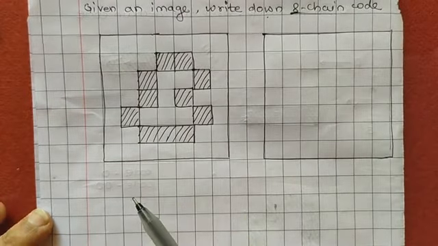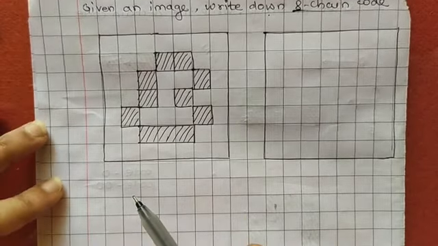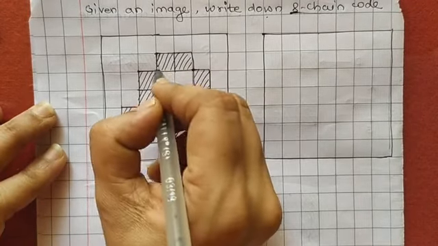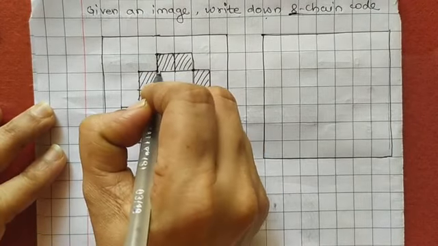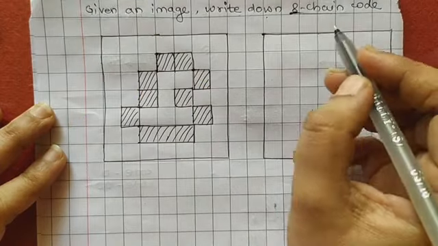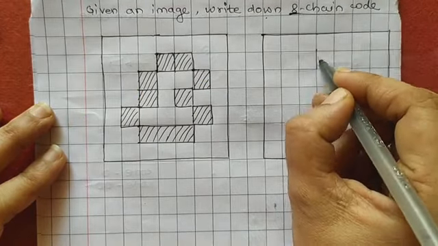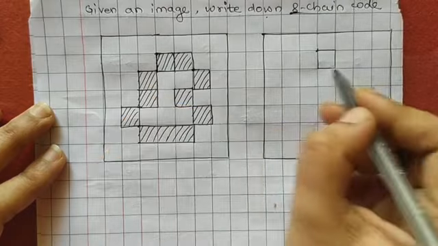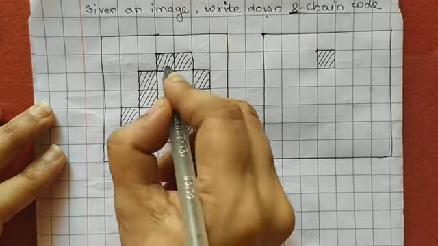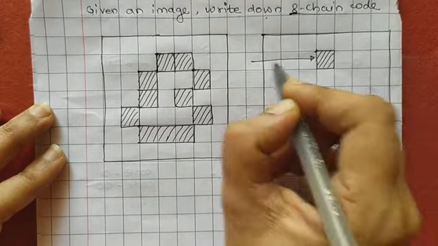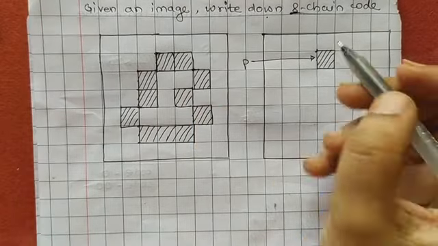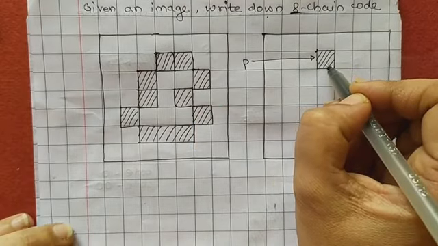This is the given image. First of all we will select any arbitrary point. So we will select this as our starting point. Let's consider that starting point here. This is the same pixel which is this. So this is our starting point P. We'll start from this point in the clockwise direction.